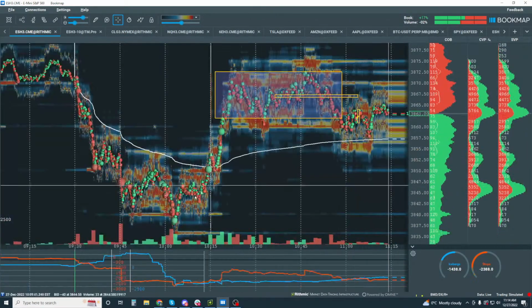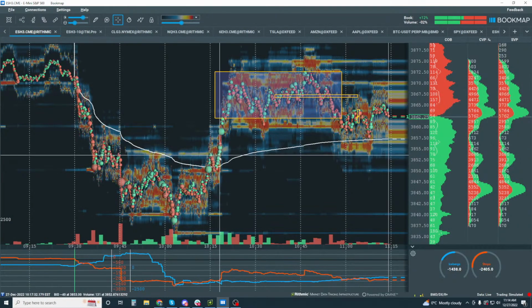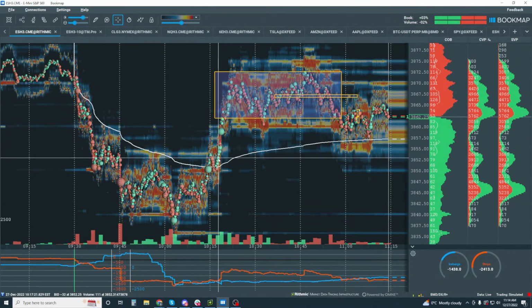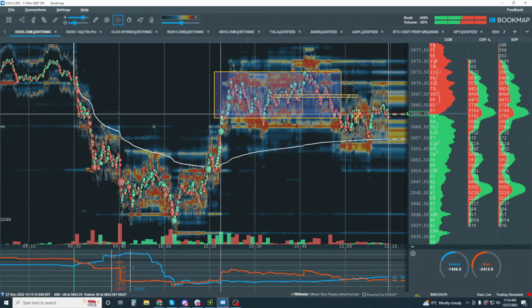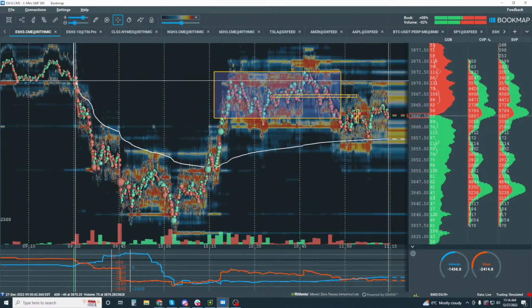Okay, so we saw a beautiful example here. You would have been in; this would have been a higher time frame move. You're looking for the move to 60, 62, and that was from here around 53. So that was like 7-10 points. And then we talked about the move up into 70 as well.